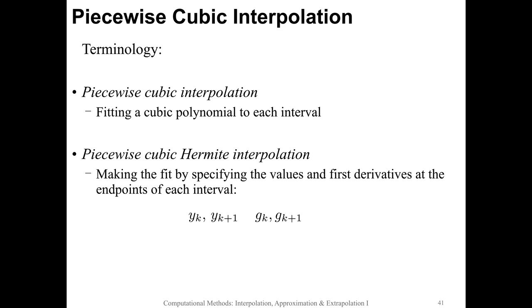And what we're going to be talking about specifically is piecewise cubic Hermite interpolation, and that is where we make the fit in a particular way, by specifying the values of our first derivatives and the values of our measurements at the endpoints of each interval. That method of defining the constraints is known as Hermite interpolation.